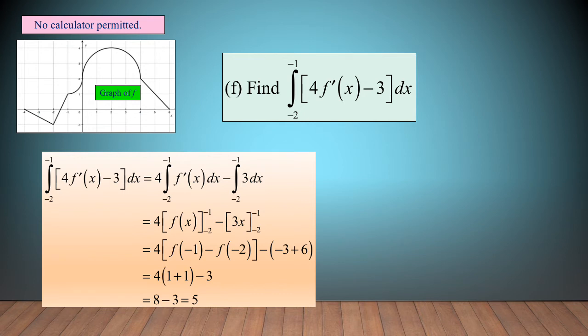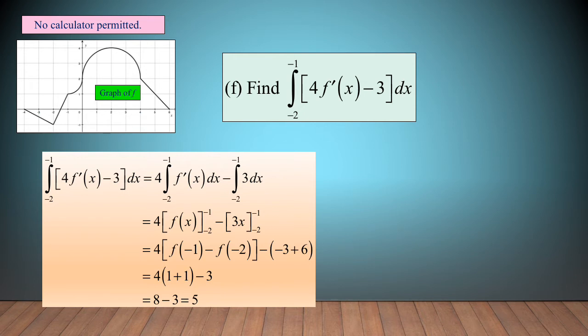Next, we use the fact that the integral of f prime of x dx is f of x. And we get 4 f of x evaluated from -2 to -1 minus 3x evaluated from -2 to -1.